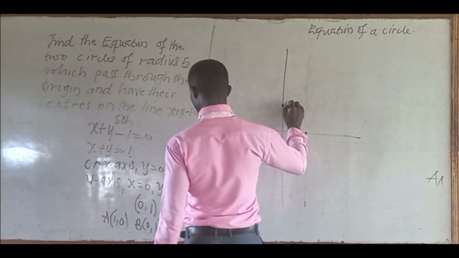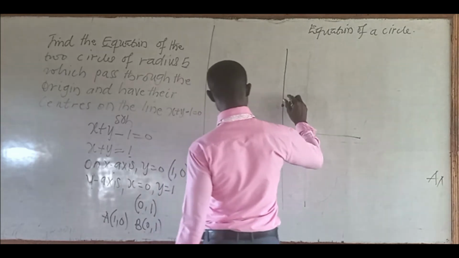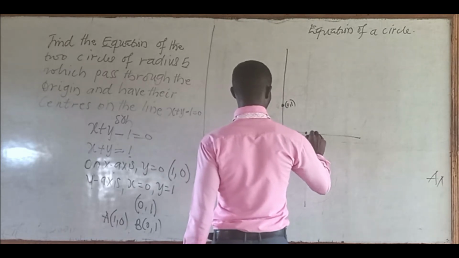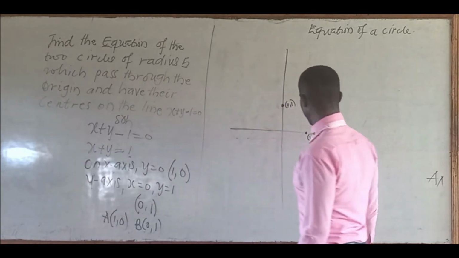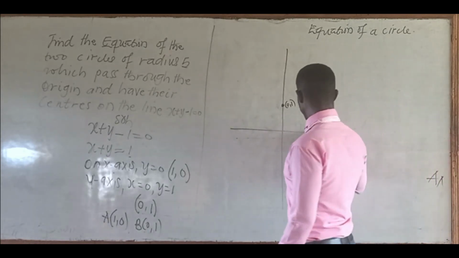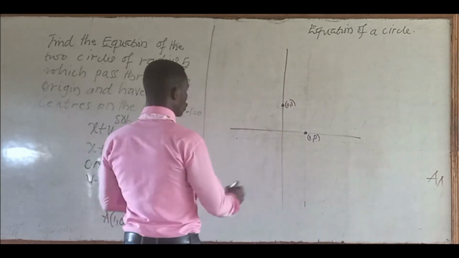And the point here is 1, 0, because on the x-axis y is 0. The line passes through these 2 points.